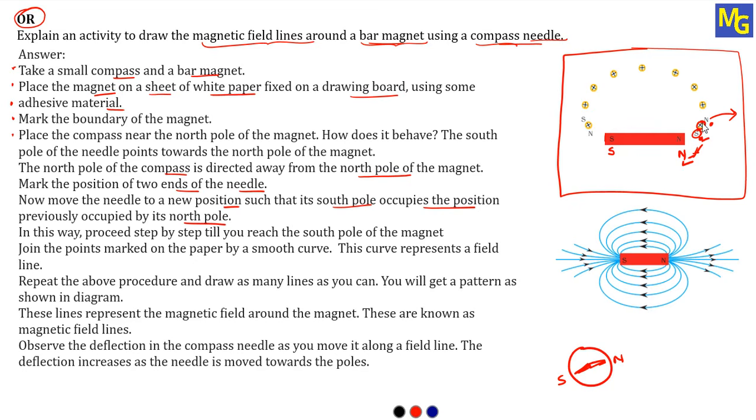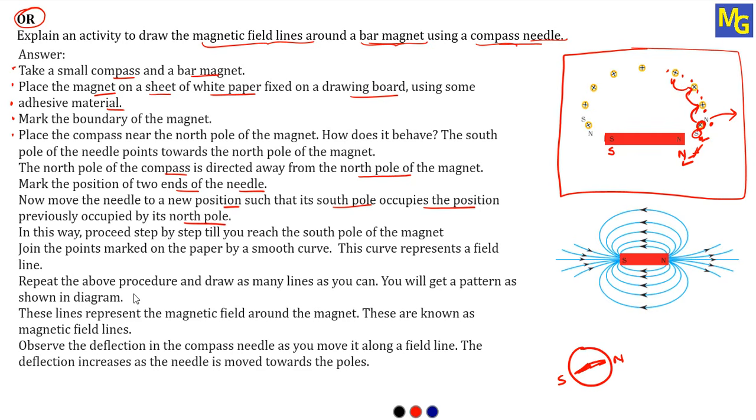Slowly the magnetic compass needle will change its direction. Then mark the points, move to the next position, again mark the point, and like this we have to repeat the procedure.